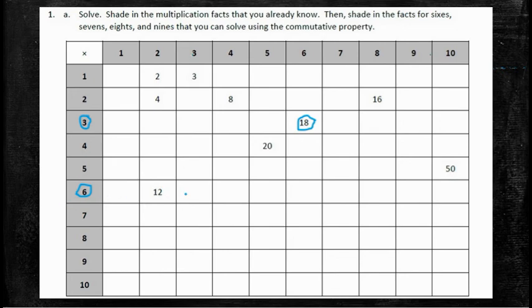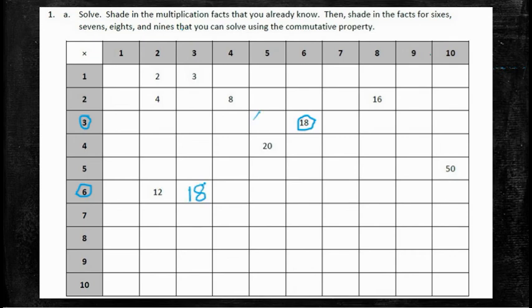And we'll find we know that 3 times 6, that we already did, equals 18. So because we know the commutative property states that it's the same answer in reverse, we know that 6 times 3 is also 18. So go ahead and write an 18 in there.